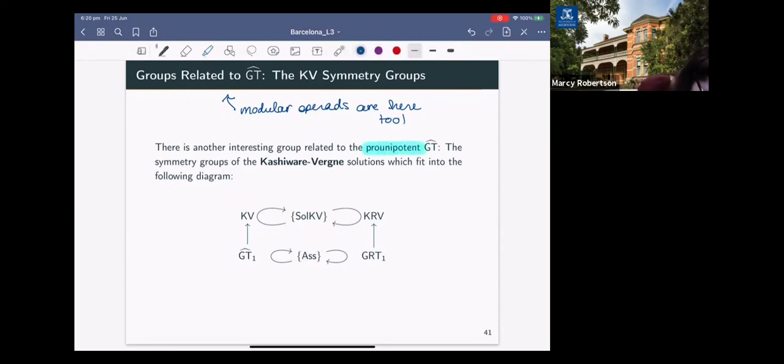So to follow the notation we've used so far, there's a little Q hanging out here. There's Q's everywhere, right? So these are the symmetry groups of the Drinfeld solutions. So what this diagram is, as we saw already, is that GT and GRT are known to act freely and transitively on Drinfeld associators.